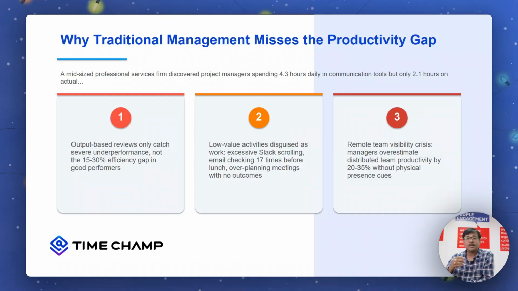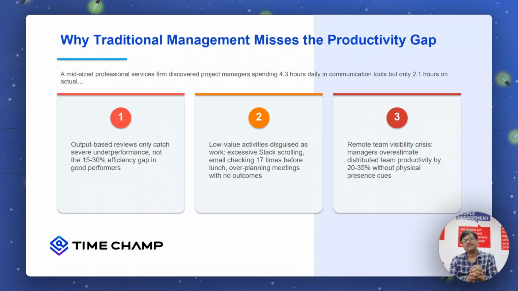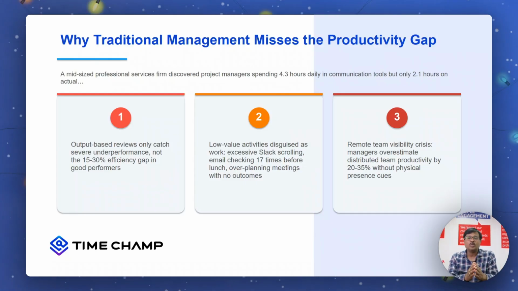Checking emails 17 times before lunch. Spending 90 minutes researching a decision that needed 15 minutes of focused thought. Over-planning meetings that produce no action items. These activities create the appearance of busyness, but they don't move the needle.